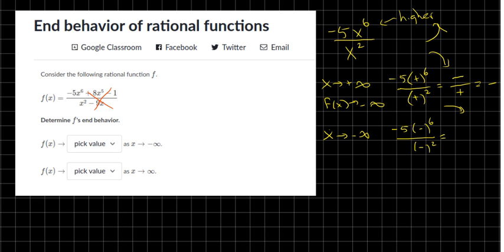A negative number to the 6th power is positive, times negative 5 is a negative number, and a negative number squared is positive. So we end up with a negative number. So f of x is going to approach negative infinity again. In both cases, when x approaches infinity, f of x approaches negative infinity, and when x approaches negative infinity, f of x approaches negative infinity.